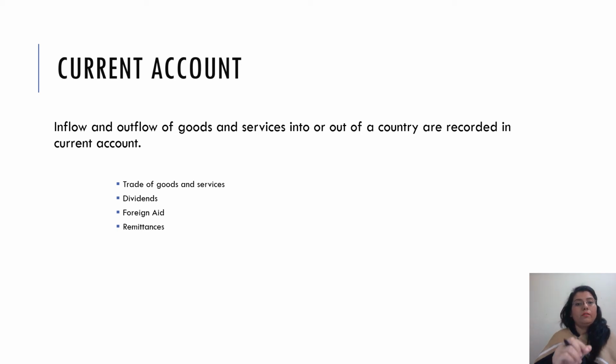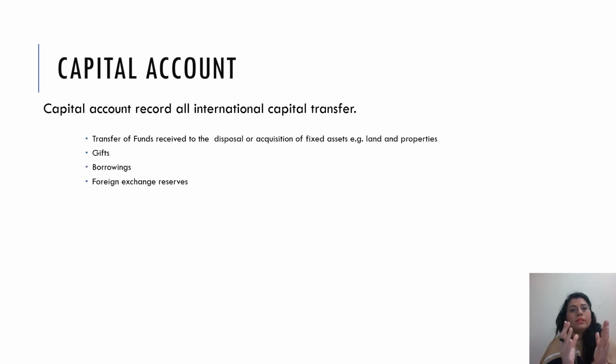Now the second component of balance of payment is the capital account. Capital account records all international capital transfers. For example, transfer of funds that we receive from the disposal or the acquisition of fixed assets, for example, land and properties. Gifts, if we receive any kind of gift from our relatives who are living abroad.